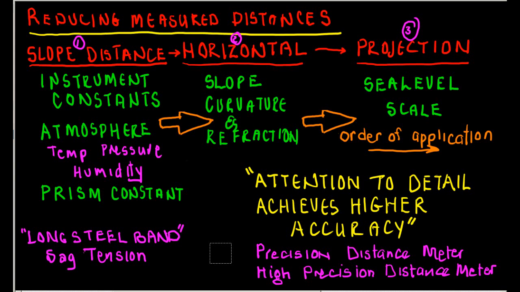But we must also allow for curvature and refraction, the curvature of the earth and the tendency for light to bend down towards the earth in refraction, thereby affecting a zenith distance or slope angle that needs to be adjusted for that refraction. So we reduce our slope distance to the horizontal.